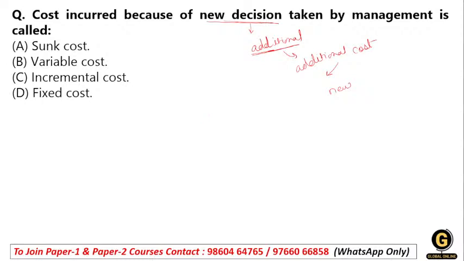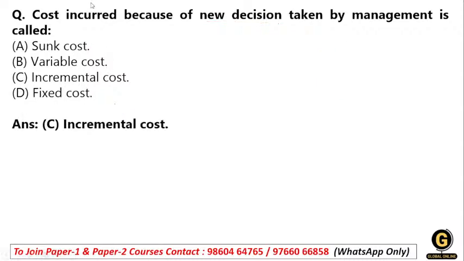Whatever rent, ground rate, or light bill you are paying, these are the fixed costs, a fixed amount of money paid on a monthly, quarterly, or yearly basis. Then there is sunk cost, the cost which is backdated.